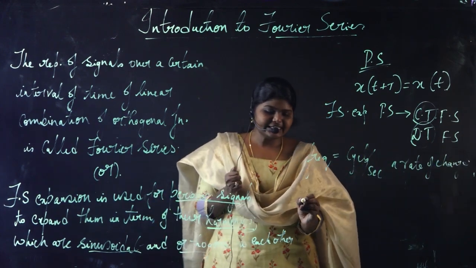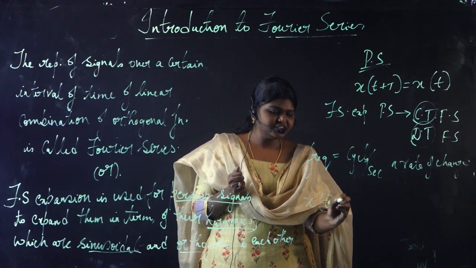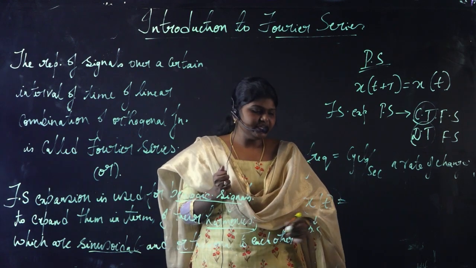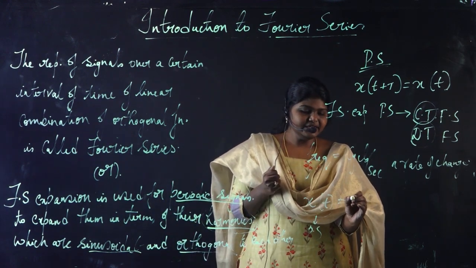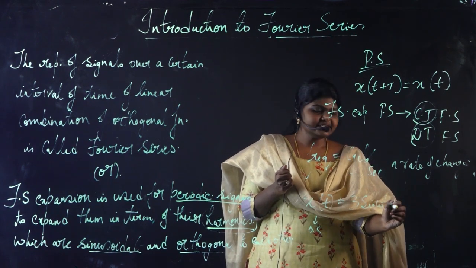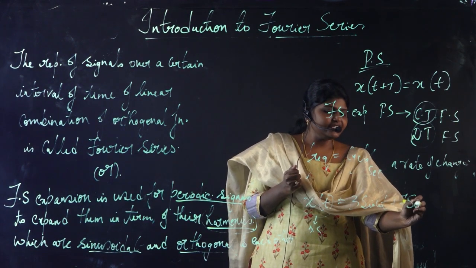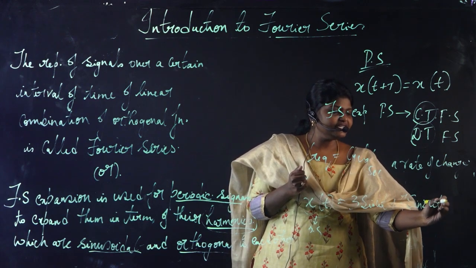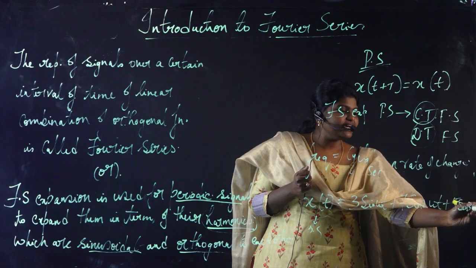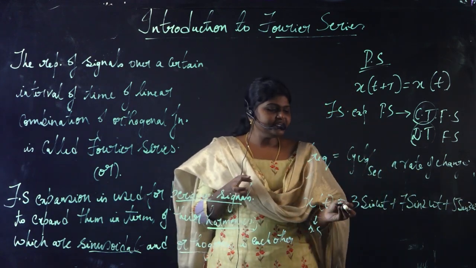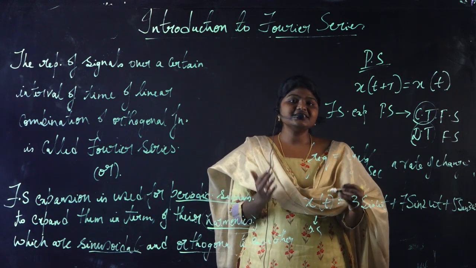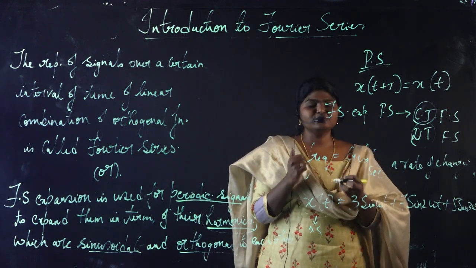If you take the signal, for example, this x of t is a periodic signal. Let us take the example 3 sine omega t plus 7 sine 2 omega t plus 5 sine 3 omega t. Here, the periodic signal is the sum of the original signal plus the harmonics.